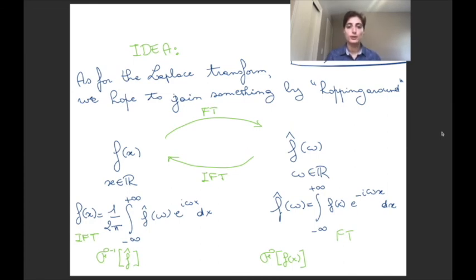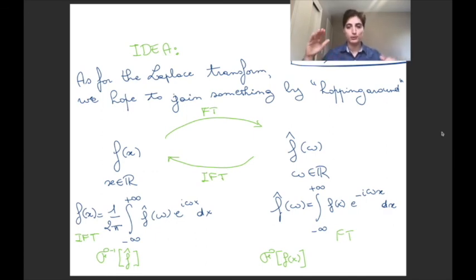We hope that by jumping between the information we have about f and the information we can have about f hat, we can gather more information. So we start at f(x), we apply the Fourier transform, we retrieve f hat, we retrieve some information about f hat, and we're able to come back with the inverse Fourier transform.